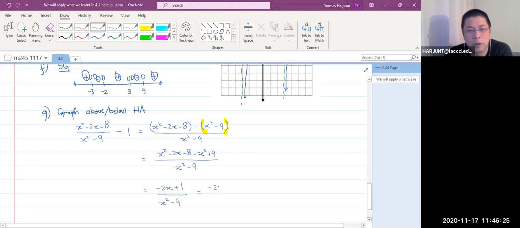I need to find the critical numbers. The critical numbers are -3 and +3, both give us undefined, and +1/2. Oh, okay.